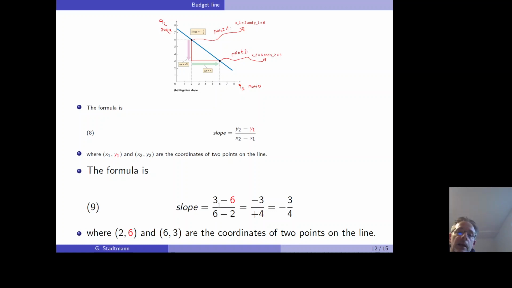So we get 3 minus 6, which is minus 3. The change in the y variable is minus 3. And the change in the x variable is 6 minus 2, which is plus 4. So once more, the slope is minus 3 over 4. Of course you can apply this formula. It definitely will work, but you need to know what you are doing.